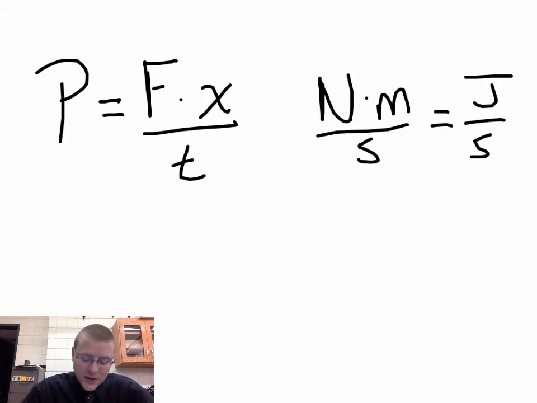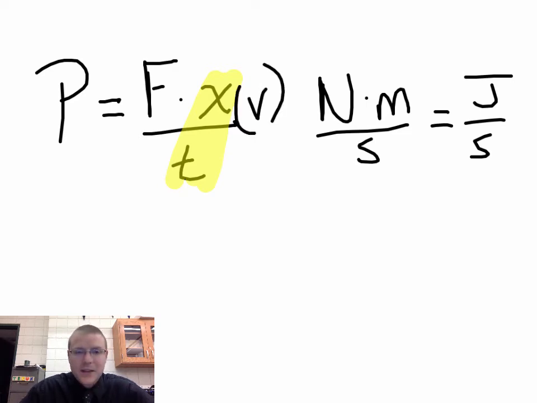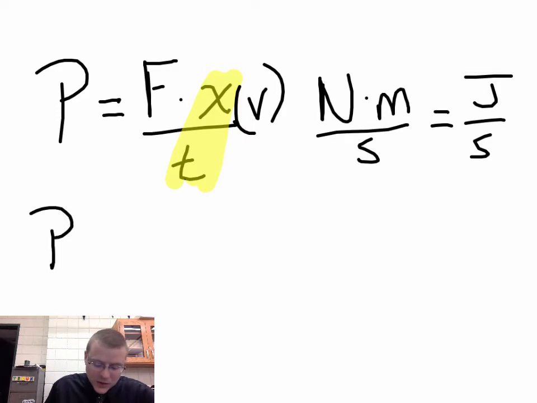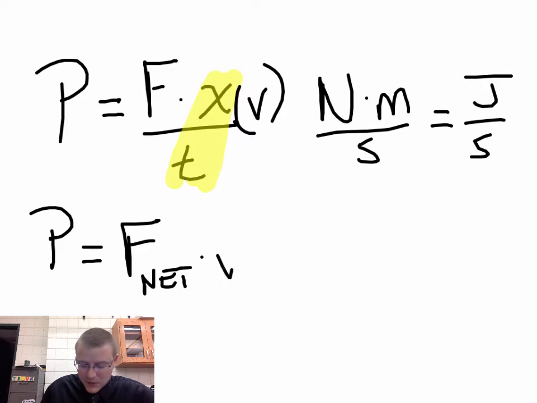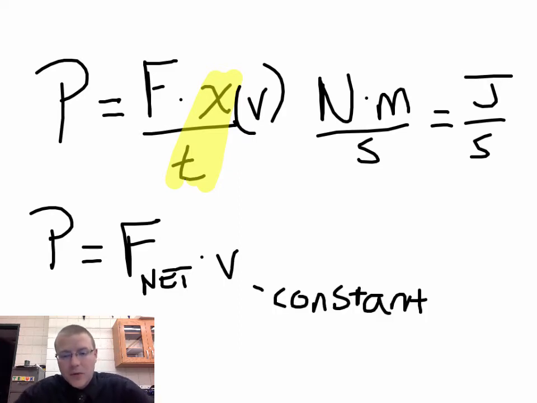But if you look right here, in the power equation, you can see change in position over time. And we know change in position over time is just velocity. So another way to do the power equation is to do the force, the net force, multiplied by the velocity. And when you do it that way, you want to make sure that we assume the velocity is constant as you pull something up.